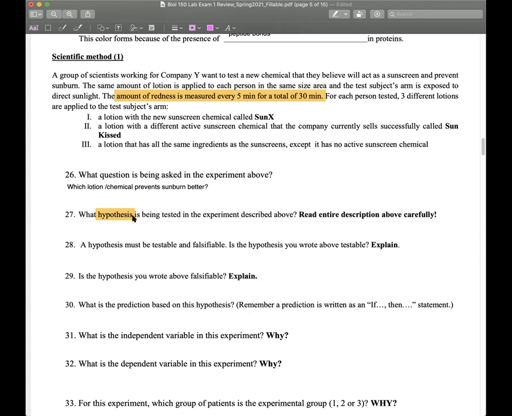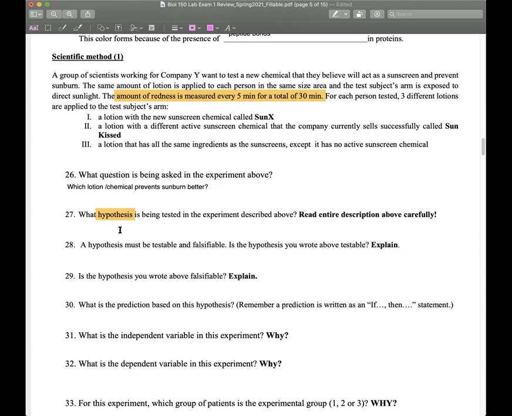Now, what about a hypothesis? A hypothesis has to be specific, testable, and falsifiable. So how would we word a hypothesis that's being tested here?